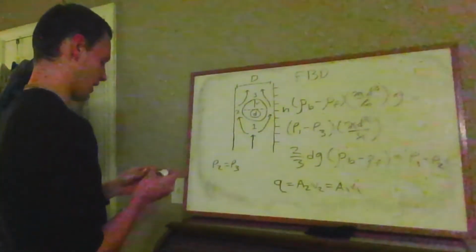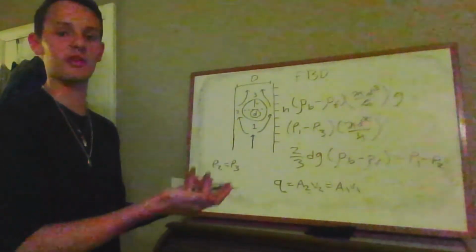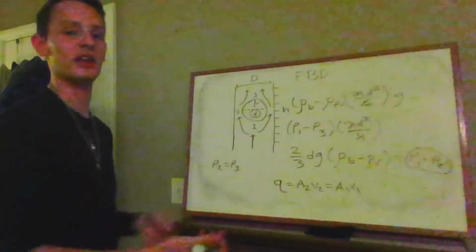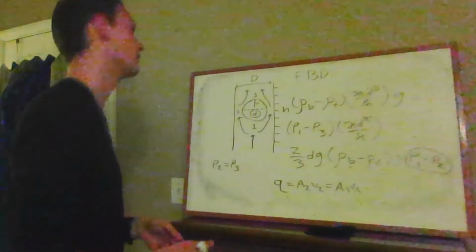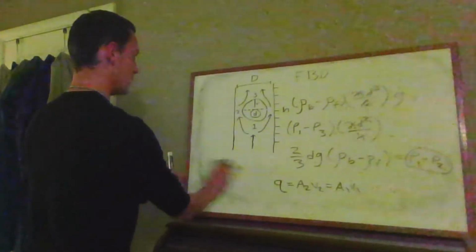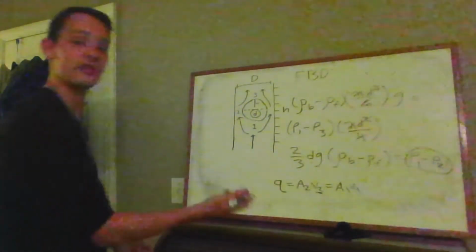Again, we are trying to relate the height of the ball to the volumetric flow rate of our fluid. That's what we're after. We need these pressures to give us velocity, using Bernoulli's equation. That is going to be our key here, because these velocities are going to allow us to determine the flow rate.